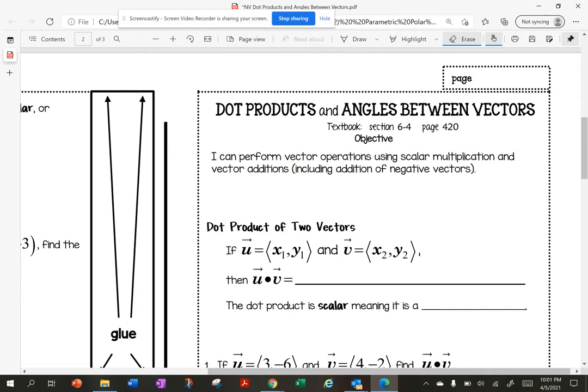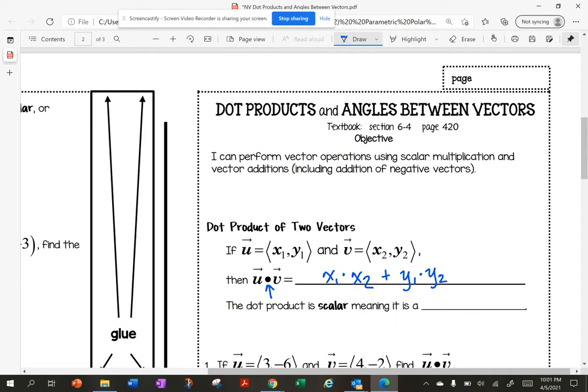Okay, so when I have two vectors, the dot product, I show it with a filled-in circle. So this shows me that I am using the dot product. That is, I am going to take x1 times x2, and I'm going to add to it y1 times y2.